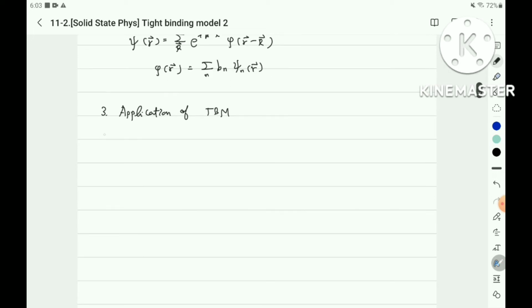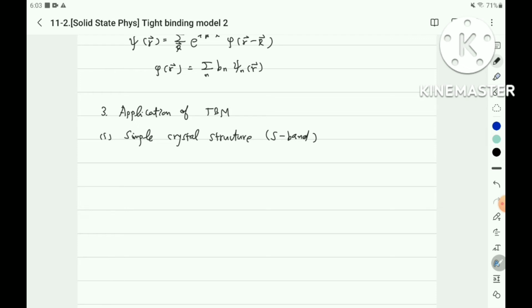I will investigate simple crystal structures in the S-band only. Then the P-band or D-band can be calculated also.